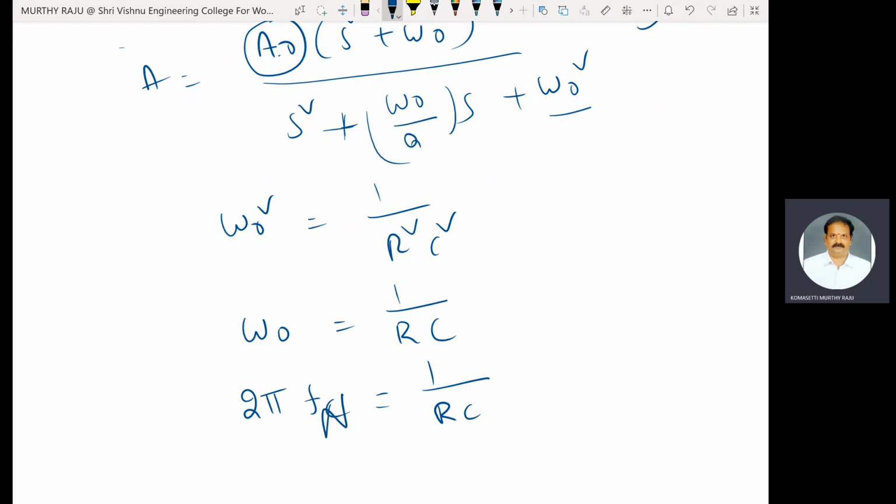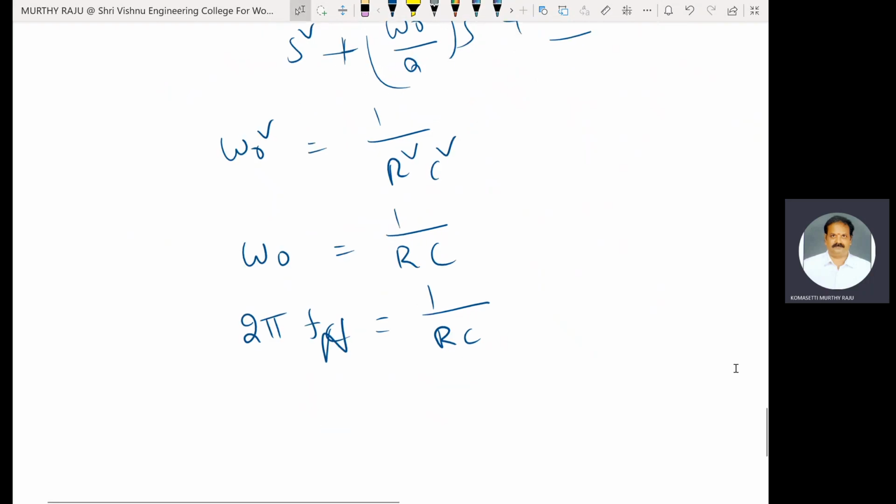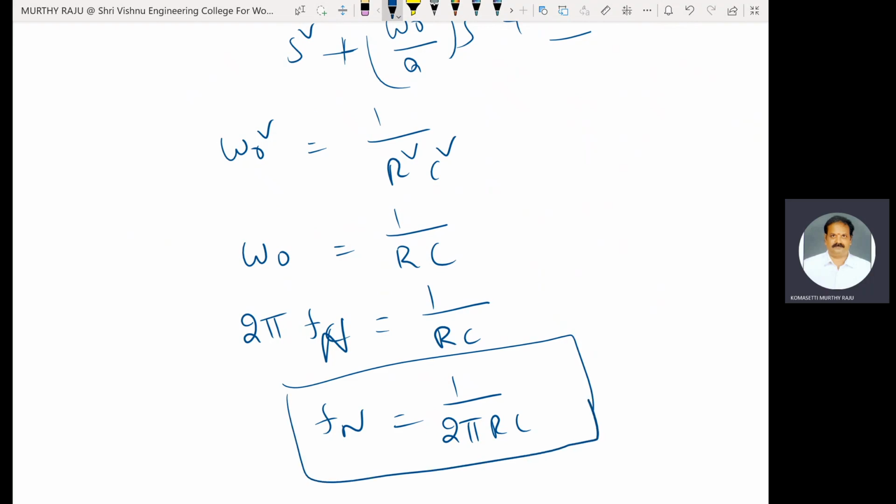Here the notch out frequency Fn is equal to 1 by 2 pi RC. The notch out frequency is the frequency at which maximum attenuation occurs. This is given by Fn equal to 1 by 2 pi RC. This is the explanation of the notch filter or band elimination filter.